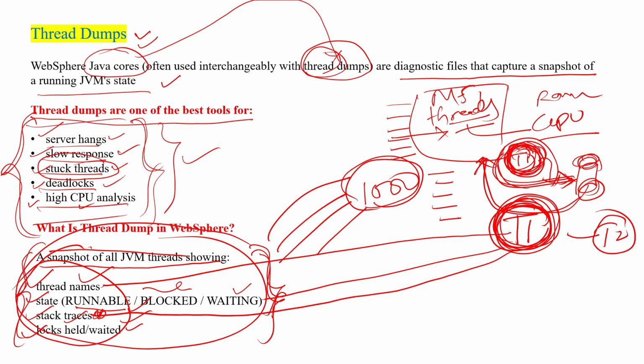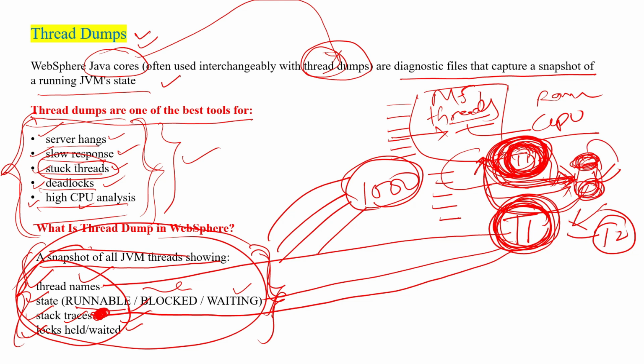For example, here this thread T1 contacted the database and is executing some query, but it is not getting the response back because your database is slow, your query is bad, or there are multiple other reasons. When we take a thread dump, we can look for this particular thread T1 which is hung, and look at its stack trace. In the stack trace we can identify that this thread contacted the database and executed some query, but it didn't get the response back from the database.